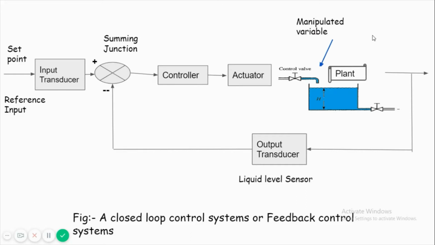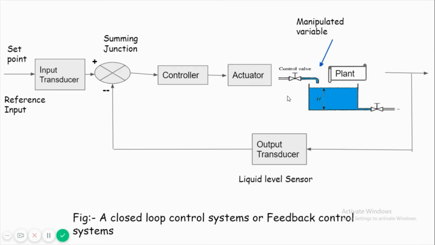Another thing is the manipulated variable. What is the manipulated variable here? The rate of flow of liquid is the manipulated variable. We manipulate the rate of flow so as to adjust the height of liquid in this tank.